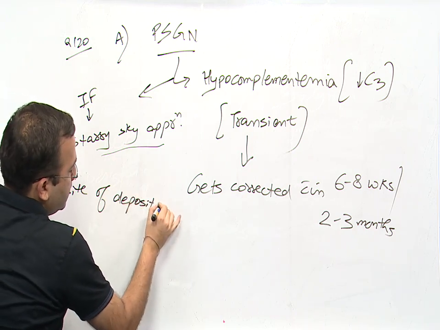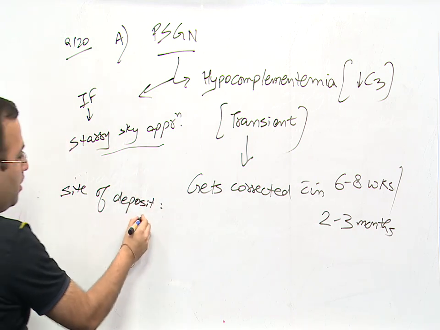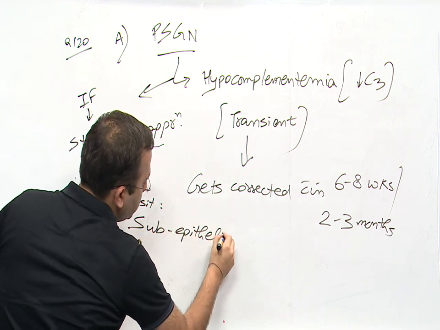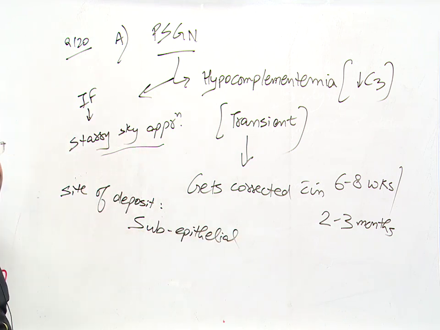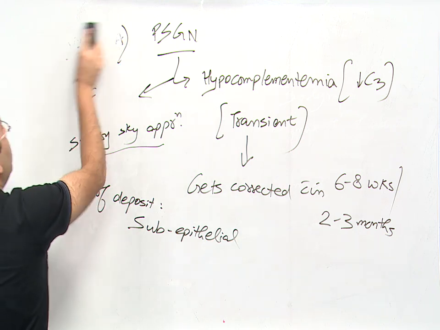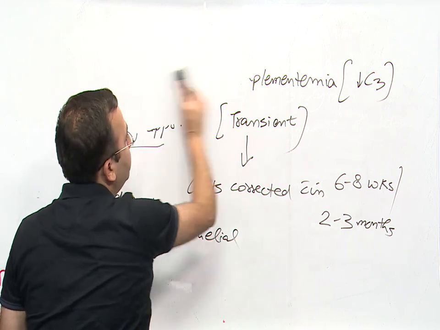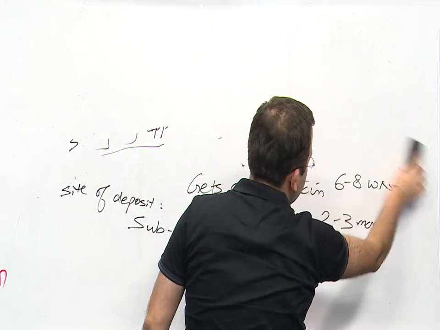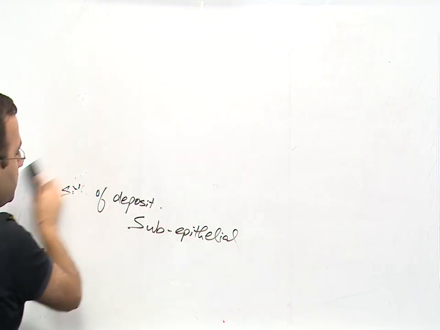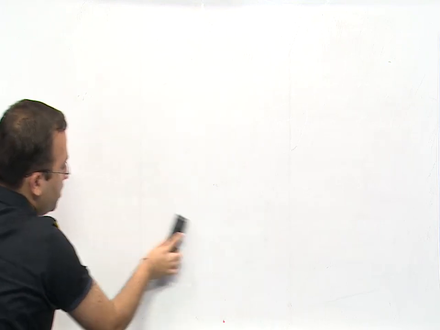PSGN has a subepithelial deposit. This subepithelial deposit seen in PSGN has a special name called humps.